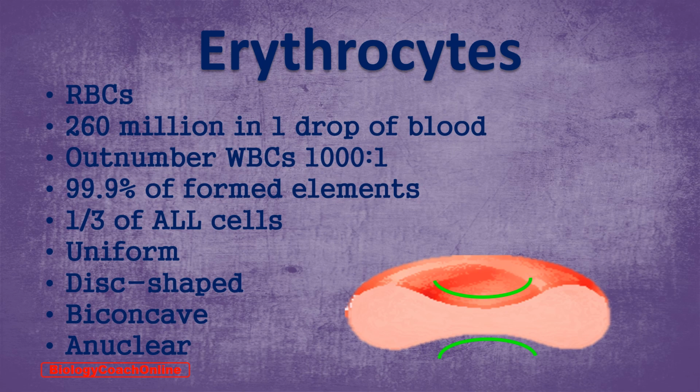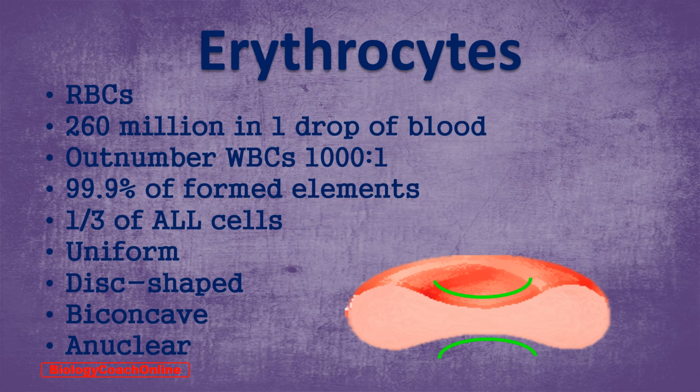Now, anytime you put an A in the front of the word, it means without, so anuclear means without a nucleus. Human red blood cells do not have nuclei, which means that they cannot divide like most other cells in the body. Now, because they cannot replicate, they must be constantly replaced by the body. So red blood cells then have a lifespan of about 120 days.